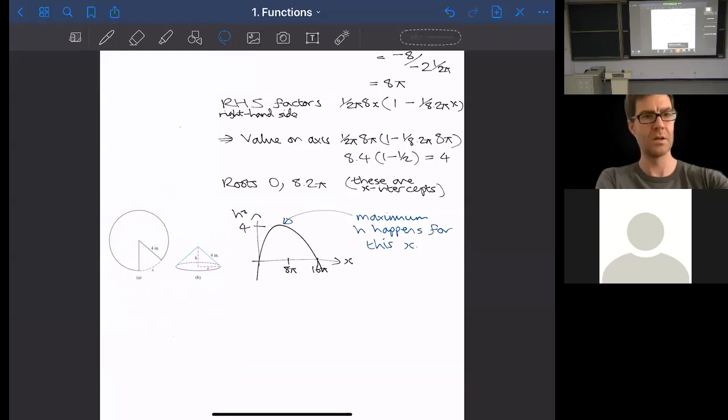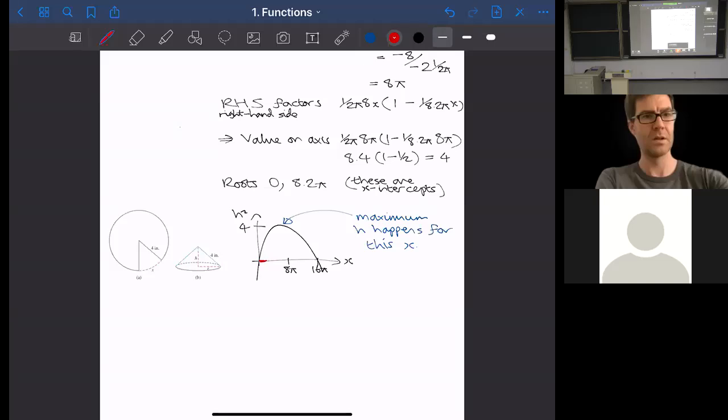Yeah, so if you think about this picture, if you imagine the cone, you can see that if we only cut a very small x here, then the cone is very low.